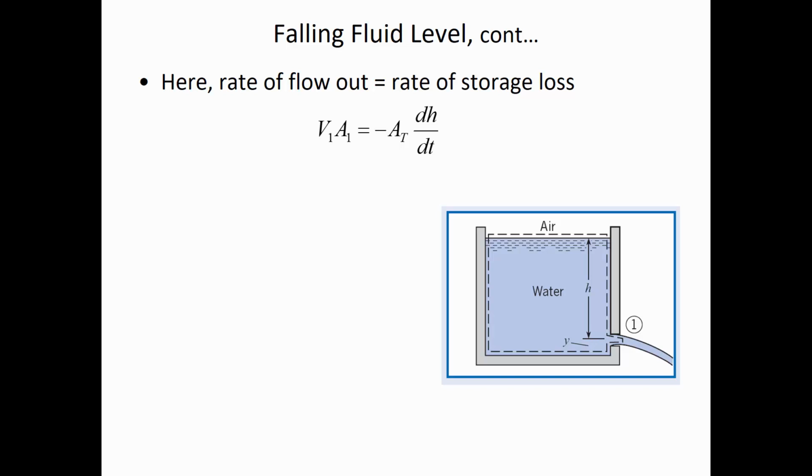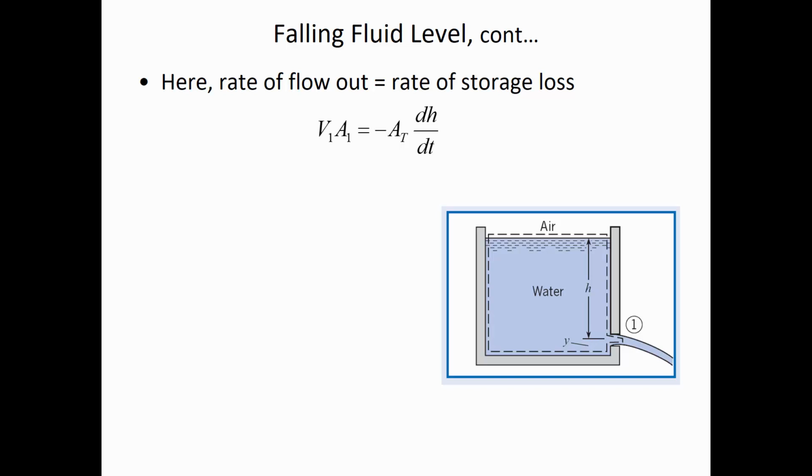But then the change of mass inside of the control volume, what we're saying is we can track the mass in the control volume as it decreases by looking at the cross-sectional area of the tank. So this A sub t is a different area than the orifice area. The A sub t is talking about if we have a circular tank, then what is the cross-sectional area of that?